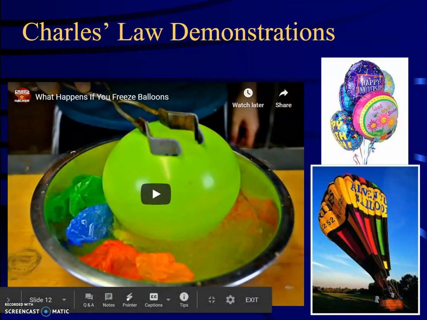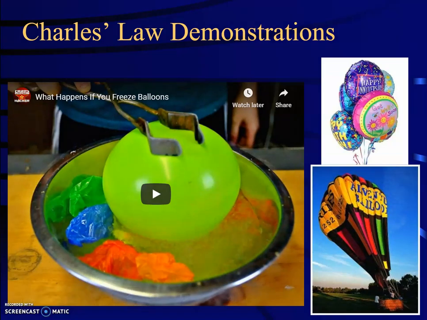All right, so one of the favorite videos that I like to show, well, personally that I like to do, is the Crazy Russian Hacker video, what happens if you freeze balloons. So inside this bowl is liquid nitrogen. Liquid nitrogen is negative 195 degrees Celsius.